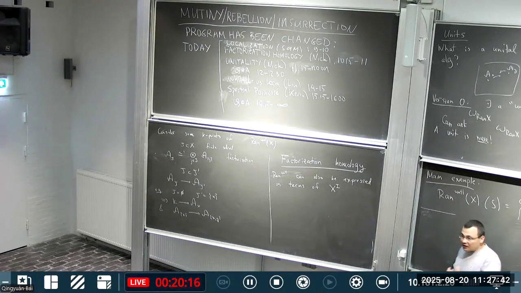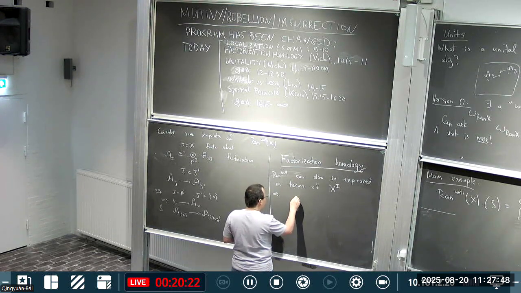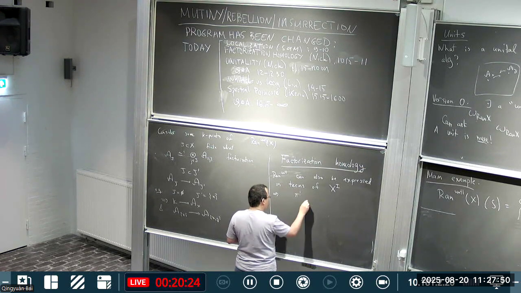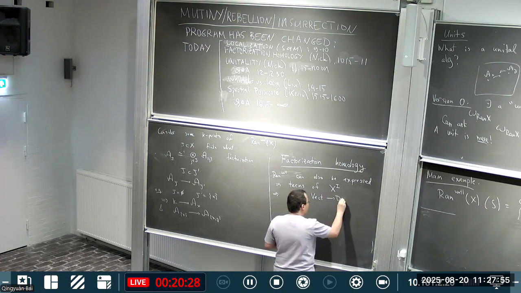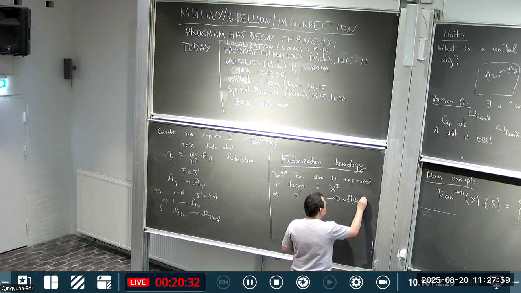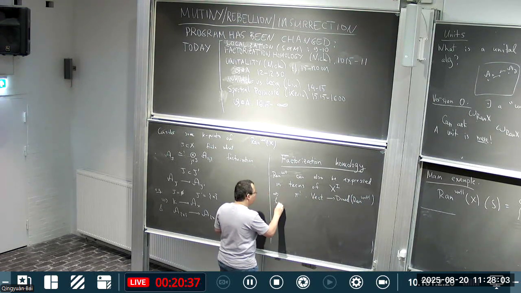And the point of that is that each of those terms is proper. And the consequence of that is that this canonical functor, just like in the non-unital case, has a left adjoint.